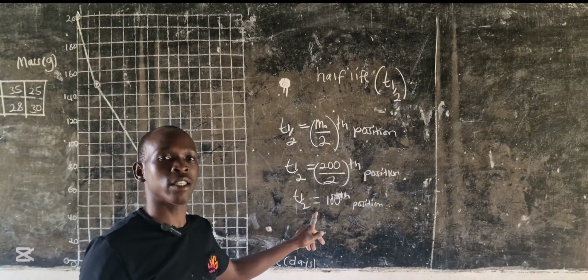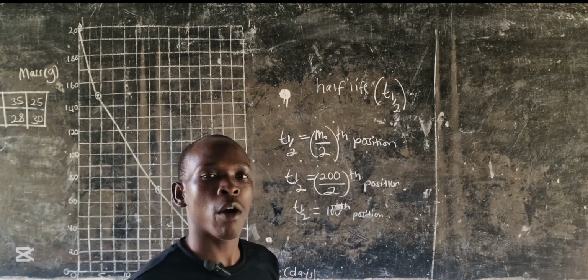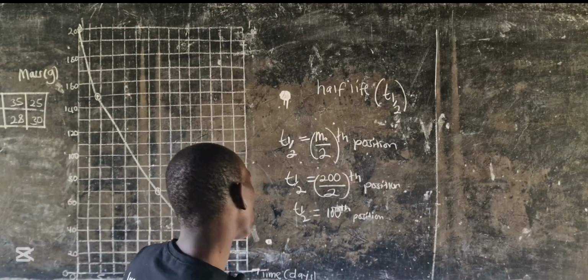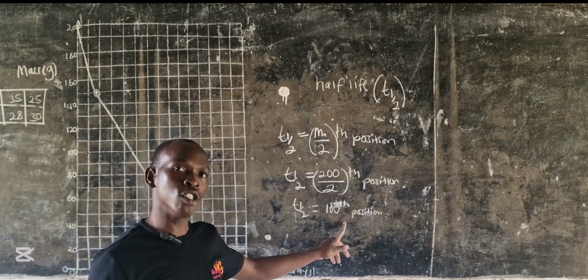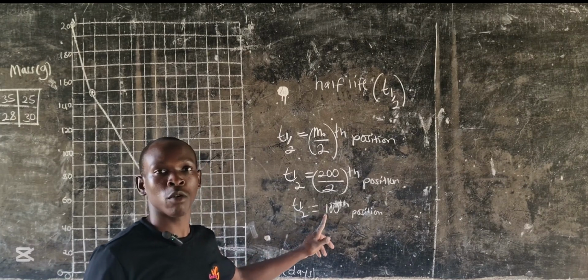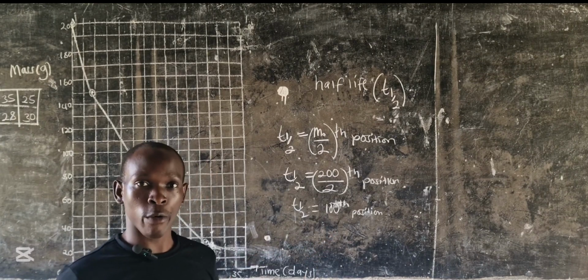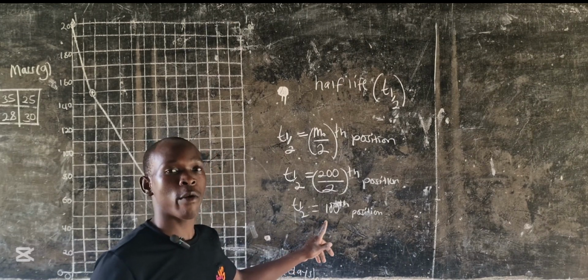This is not the answer, but it's just going to help us determine where we can find the half-life. So T half can only be found when the mass of that radioactive sample is 100 grams, because the original mass was 200. Half of 200 is 100.